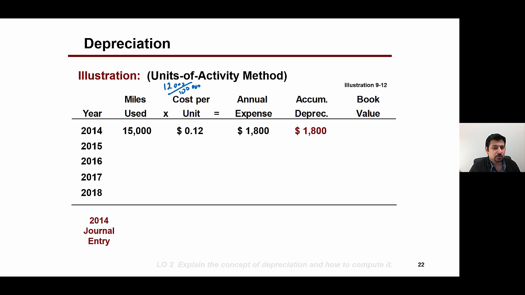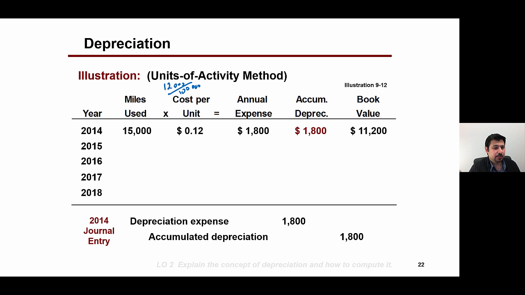Accumulated depreciation will be 1,800. Once again, the book value is 13,000 minus 1,800. The journal entry will be to debit depreciation expense 1,800 and credit accumulated depreciation 1,800.